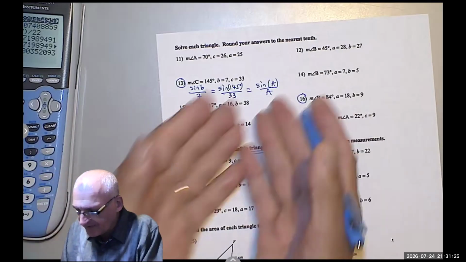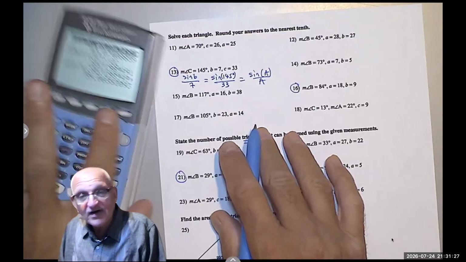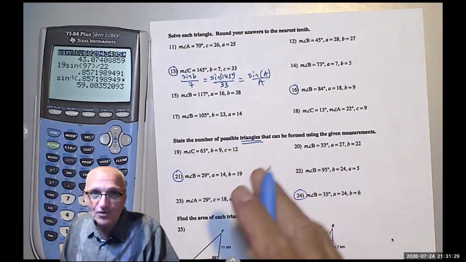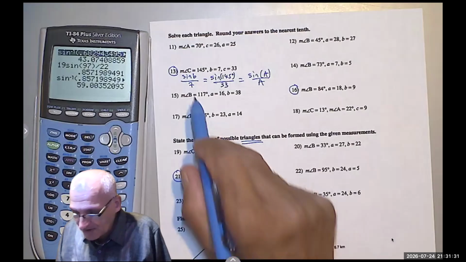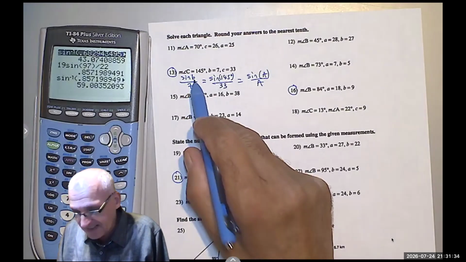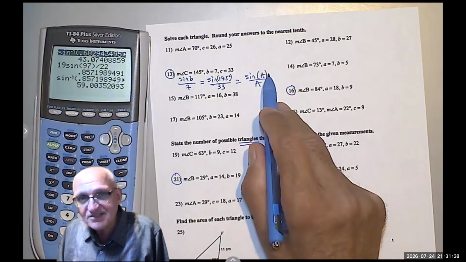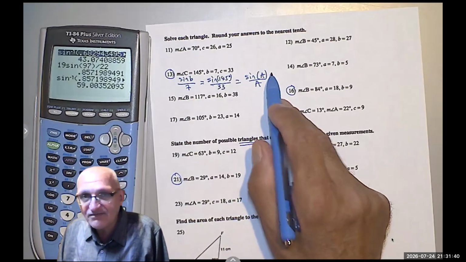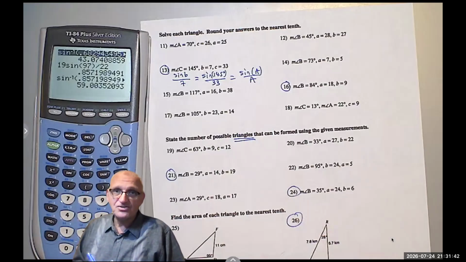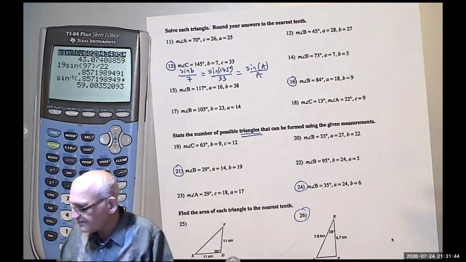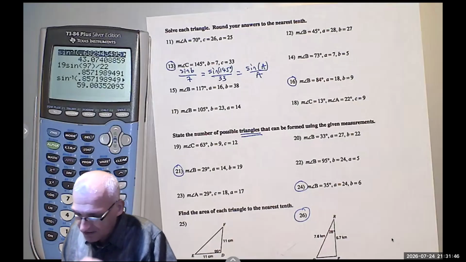And you say, how can I find this? We'll find it. Of course, you know why. Because once I find sine B, I can find angle B. B plus C plus A is 180, so I can find A, and finally I can find the measure of A. I'm going to use the rest of this side to complete the problem.